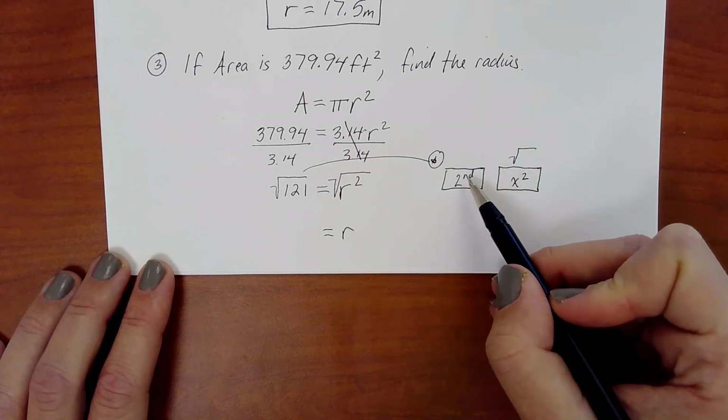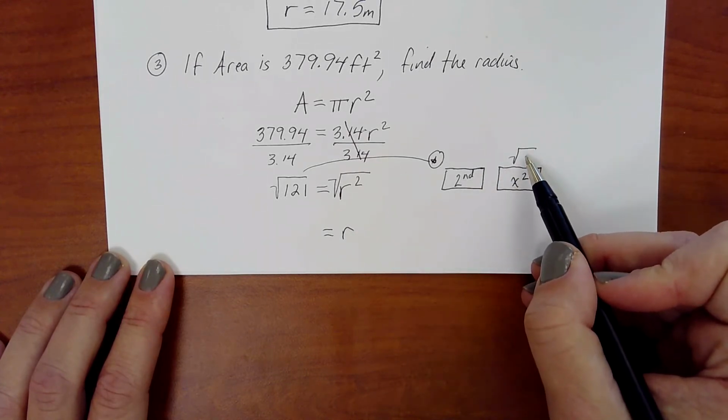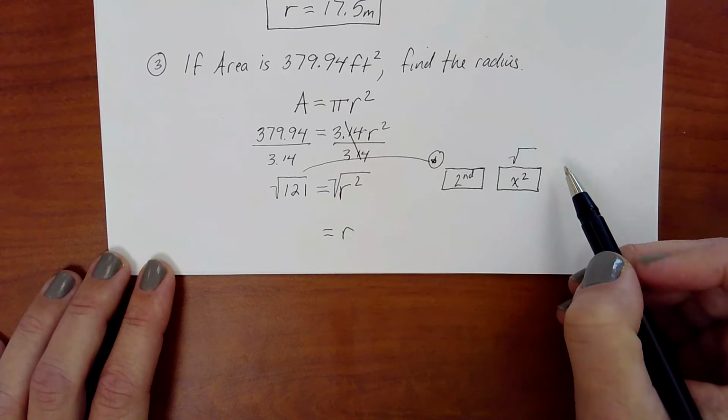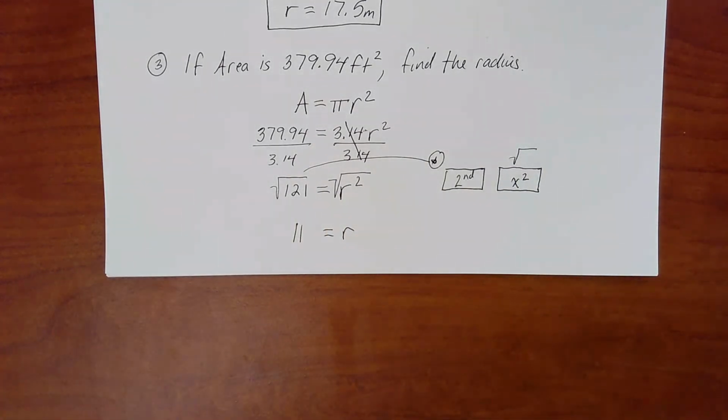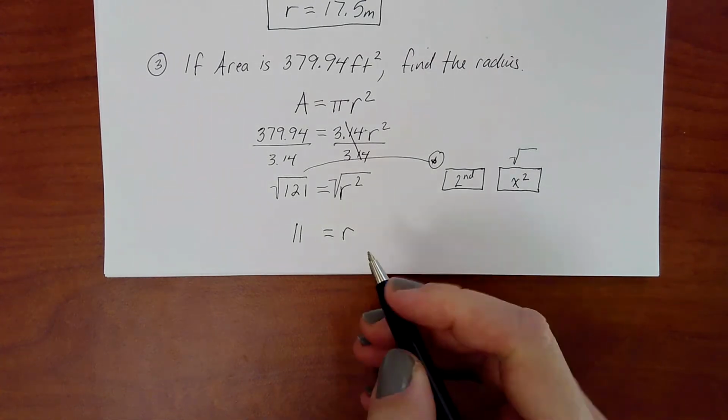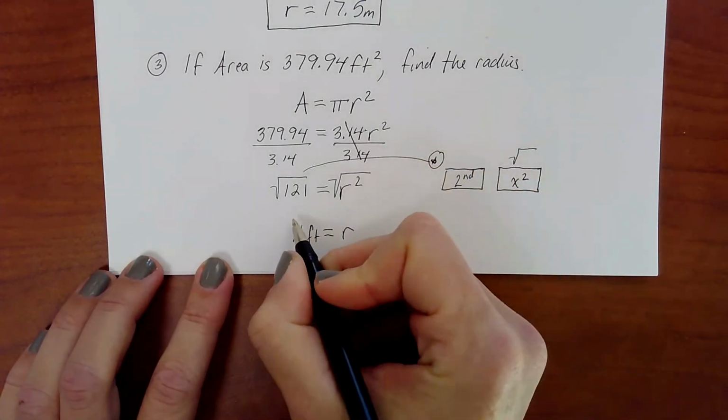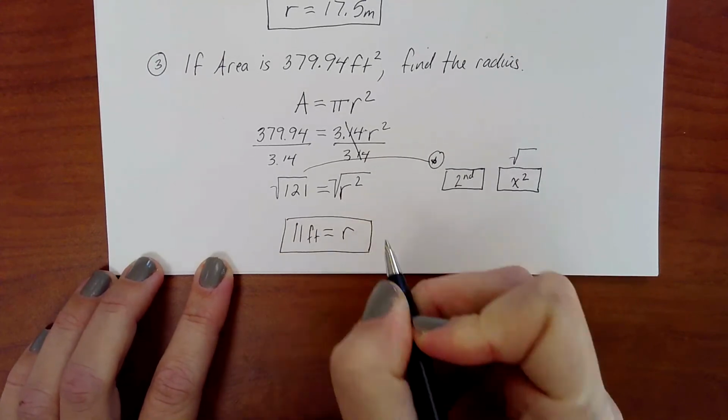So you're going to hit second and then the x squared key. Then type in the 121, hit equals, and you should get 11, because 11 times 11 is 121. And what did we just find? The radius, so that's a distance, that'll just be feet. Okay?